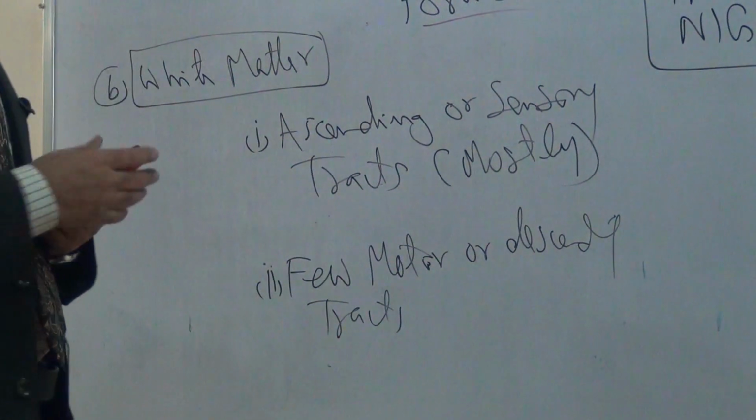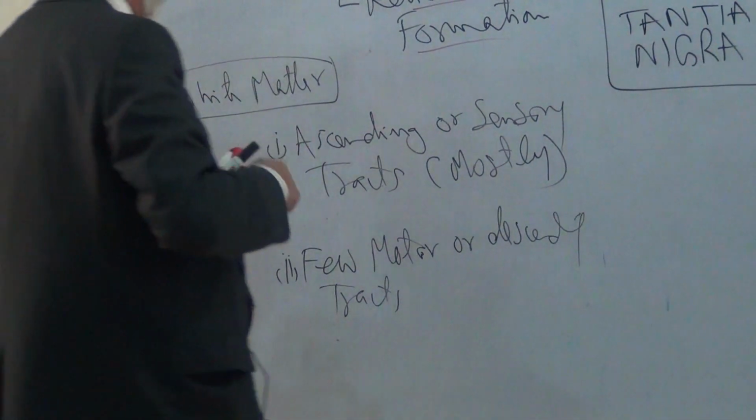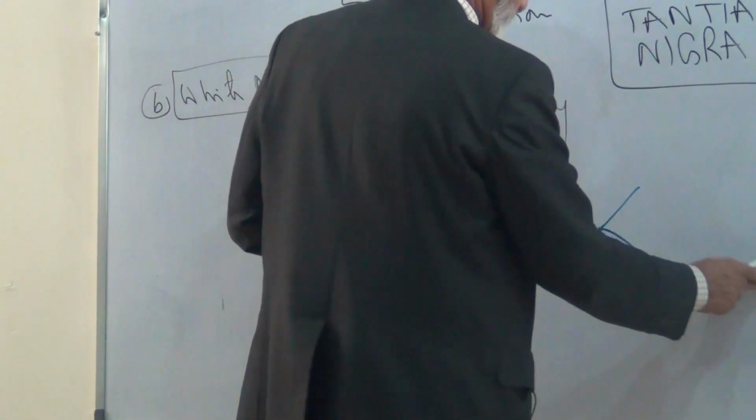Now, what are these few descending or motor tracts in the tegmentum of the midbrain?